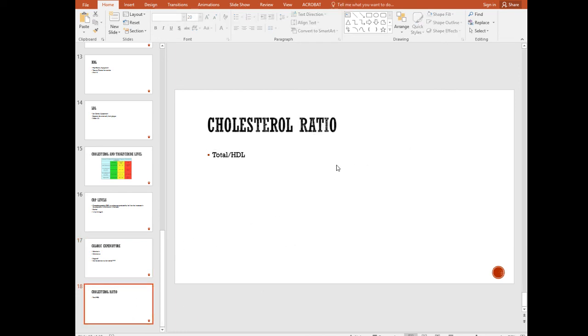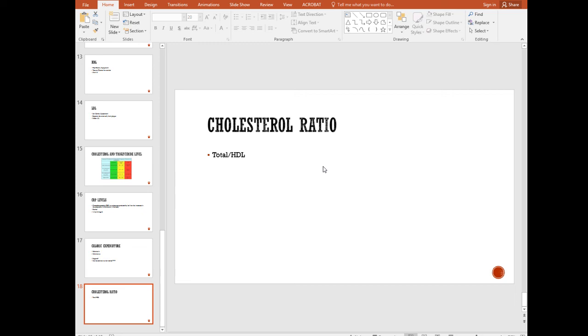And you need to know your cholesterol ratio. This is why I was saying that we'll come back to that. And that should really be right below HDL and LDL. I'm going to move some of this stuff around so it's a little bit more organized. But cholesterol ratio is your total over your HDL. So if you know your total cholesterol and you know your HDL, divide those, and that'll give you a ratio.